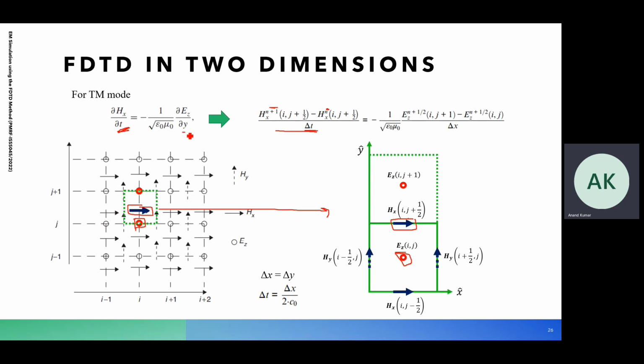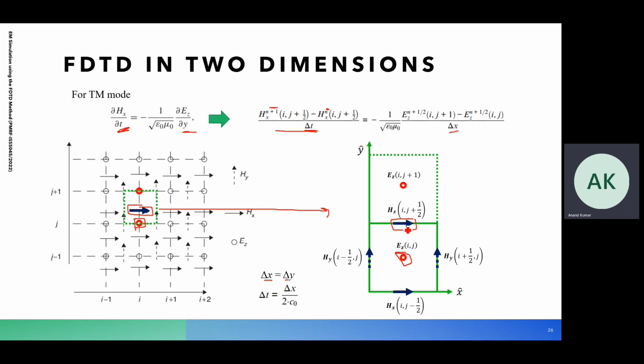And similarly, we do this for the spatial derivative of electric field in terms of dy. Since delta x and delta y are equal, we are using delta x over here. And we use the neighboring electric field values.